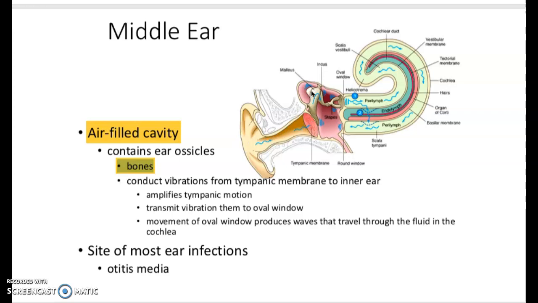The malleus, which is attached to the tympanic membrane, vibrates the incus, and that vibrates the stapes, which is attached to something called the oval window here. So basically, the middle ear is taking vibrations from the outside and bringing them in. This is also where most ear infections are found. We call this otitis media.